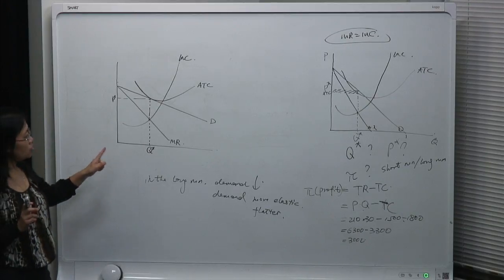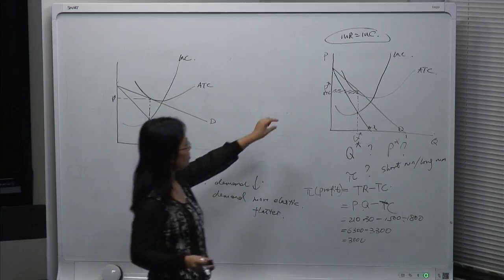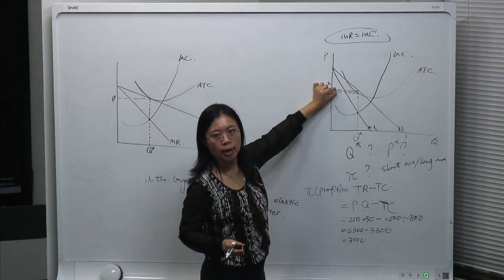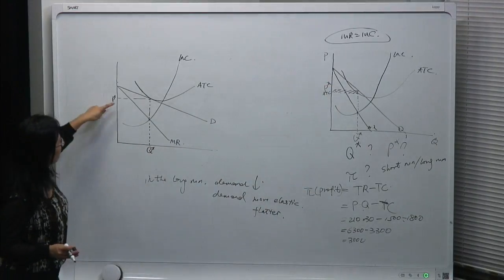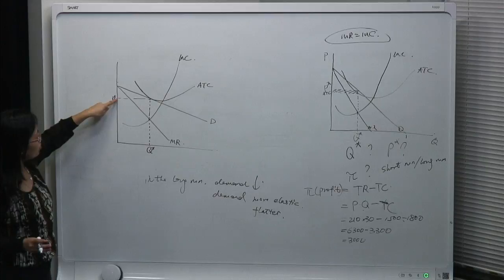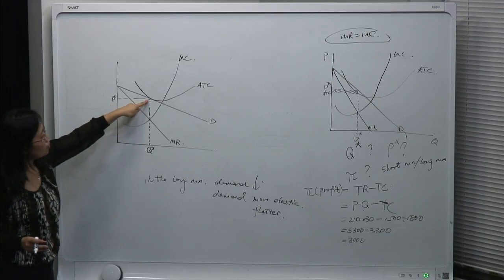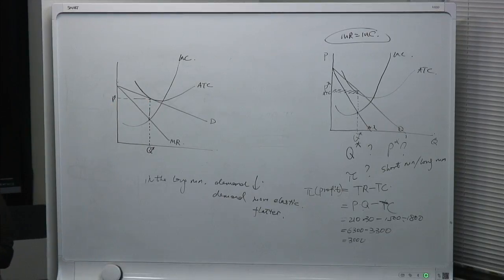In this graph here, the difference is this shaded area goes away, because the price this monopolist firm is going to charge is exactly equal to the ATC at Q star. Say that one more time, please.